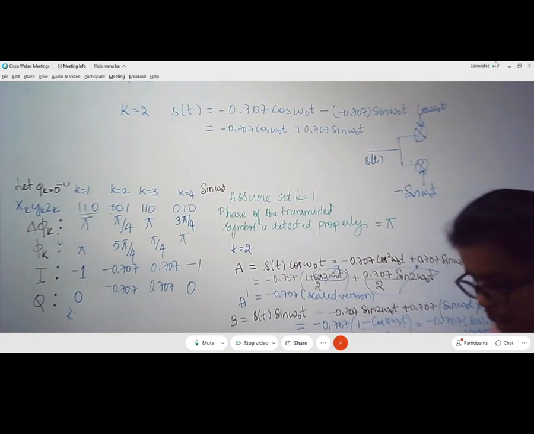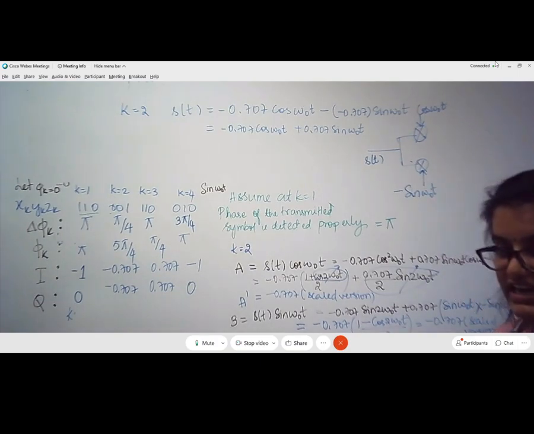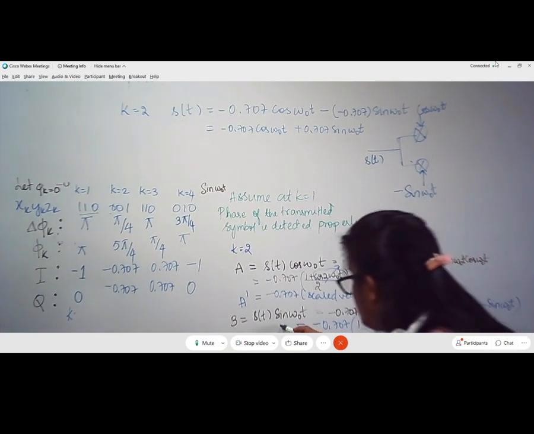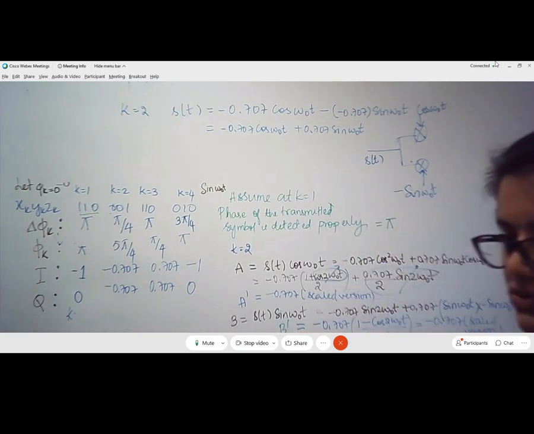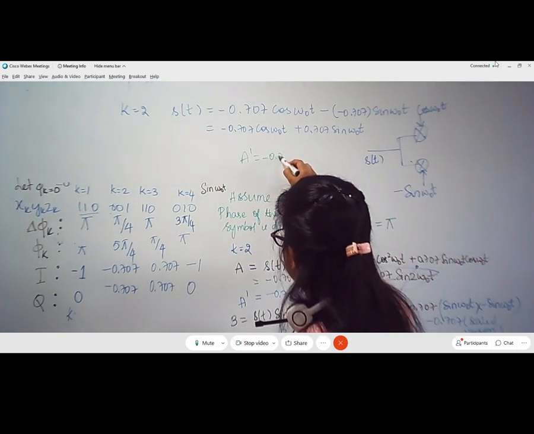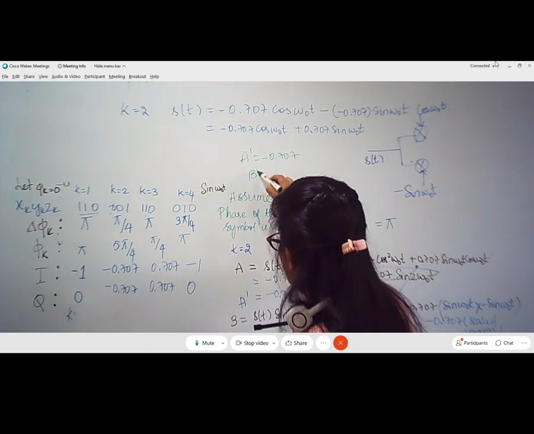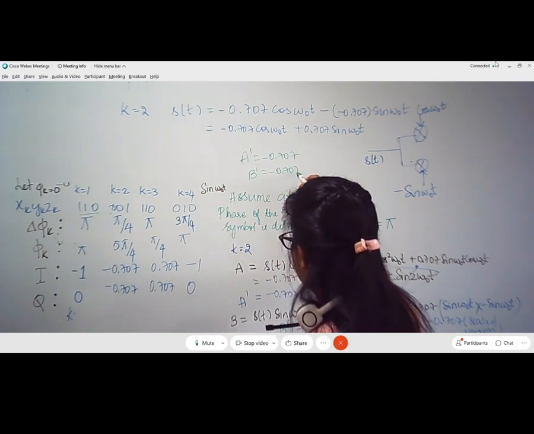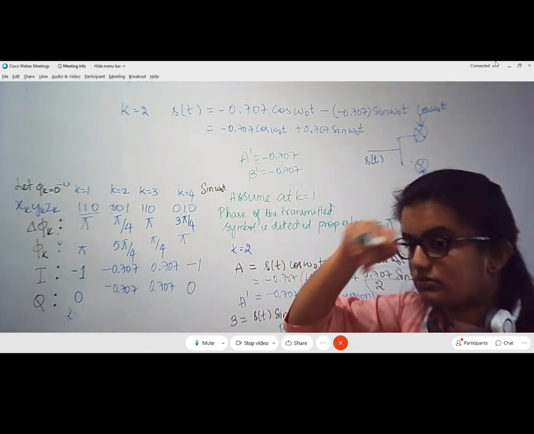So now you got to know what the A dash and B dash values are. The A dash value is minus 0.707. The B dash value is also minus 0.707. Of course, they are scaled together.